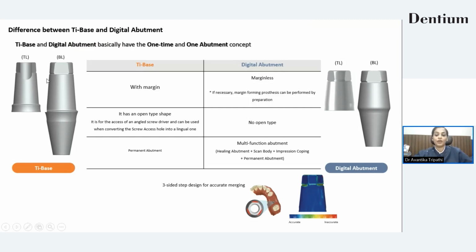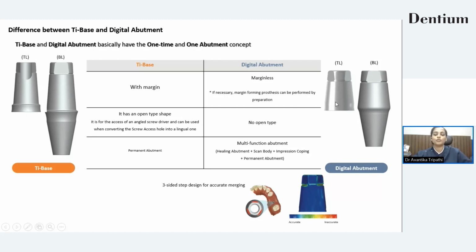If we use the digital abutment, there is no side cut on it, so angle customization or angle change from labial to palatal cannot be done. That is not possible. Second difference is that digital abutments are marginless. As you can see, there is no margin here, whereas the TI base has a margin, which will help us in seating the abutment, but sometimes this margin is not falling where we want it to lie, so sometimes marginless is better.